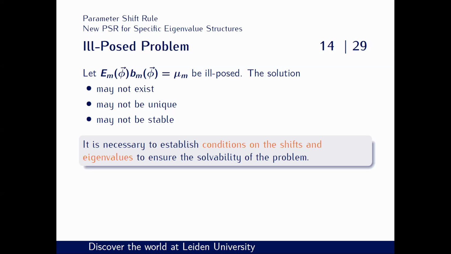It's actually, I would say, the more irregular your structure is, the more well-posed it is. It's maybe counterintuitive. So we are coming to ill-posed problems. So solution may not exist, may not be unique, or may not be stable. So we want to find some conditions on shifts and eigenvalues that will ensure us some solution.